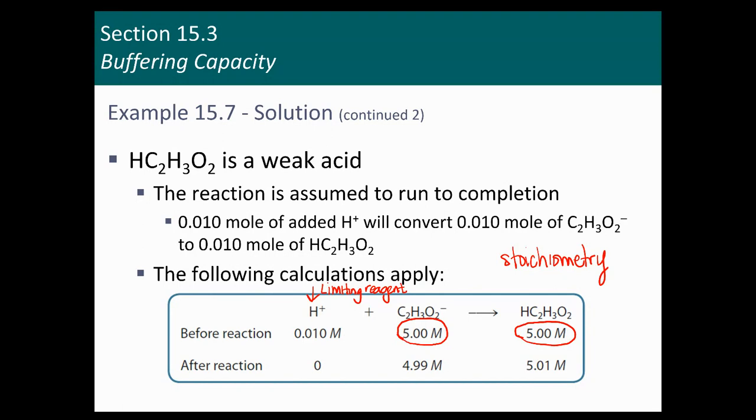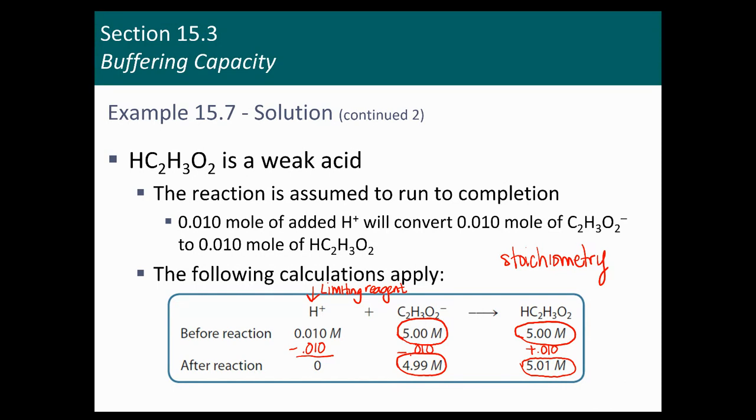And so after reaction, all of that's going to be consumed. So you end up with 0 strong acid, and you're going to react off 0.010 molar of the base, and then you're going to form 0.010 molar of the weak acid. So now they're not 1-to-1 anymore, right? Now you have 4.99 of the base and 5.01 molar of the acid.